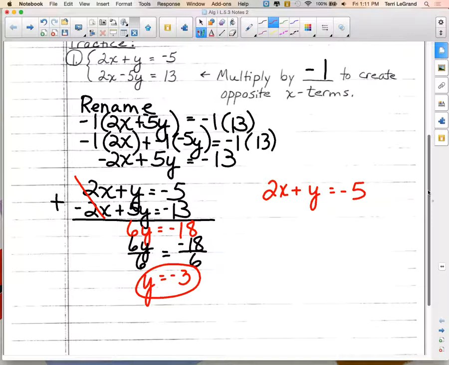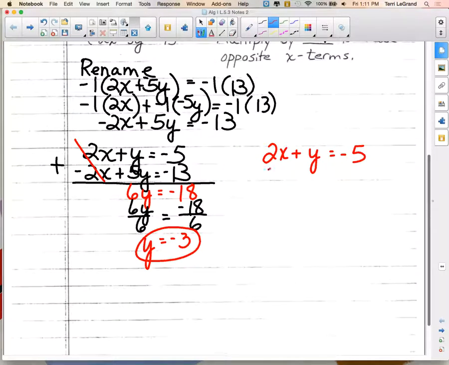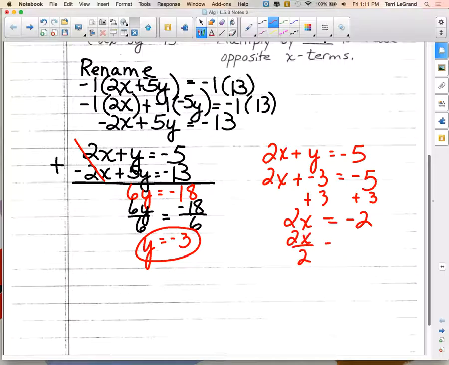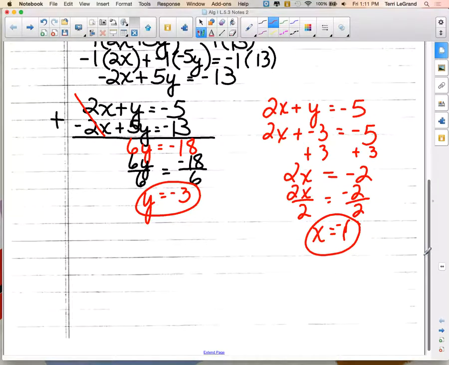It seems to have the least going on in it. Now I get -1 for x. Agree with me?